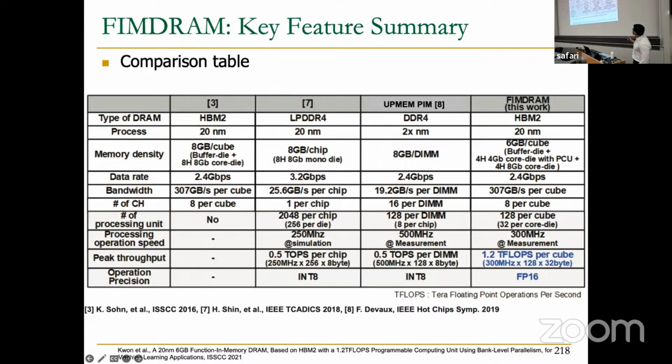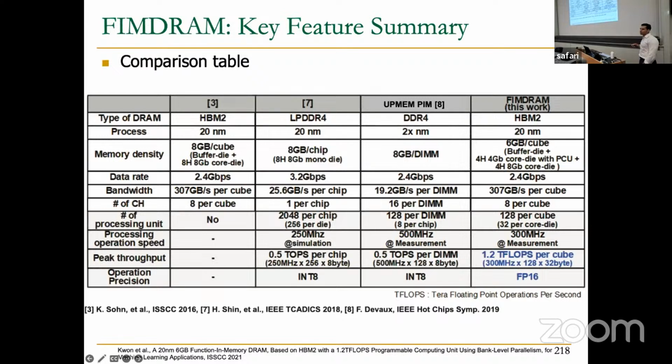The size of the chip is not half; it's 6 gigabytes per cube, while UPMEM has 8 gigabytes per DIMM. It's important to say that this cube is way more expensive than a DIMM, because manufacturing a 3D stack is much harder than manufacturing 2D DRAM. Since they are 3D stacked, they have way more bandwidth per cube compared to the bandwidth inside the DIMM.